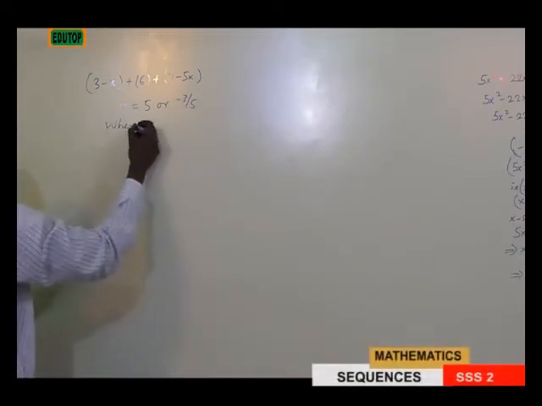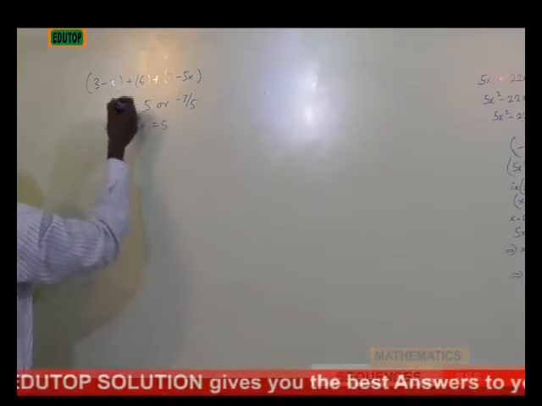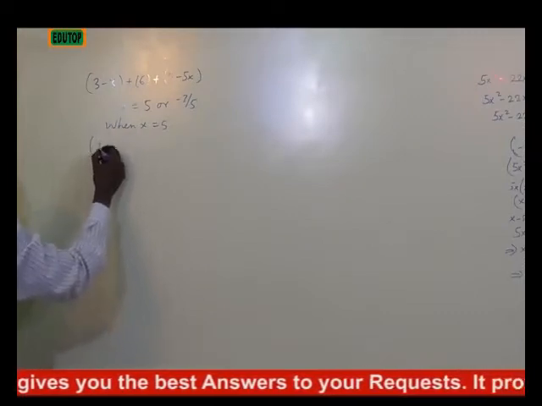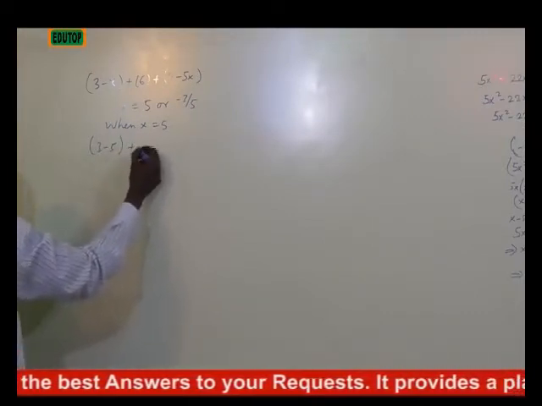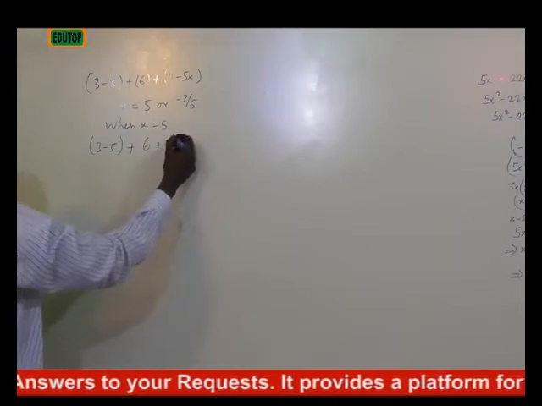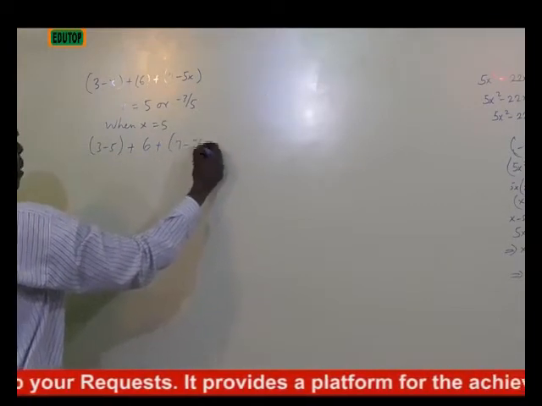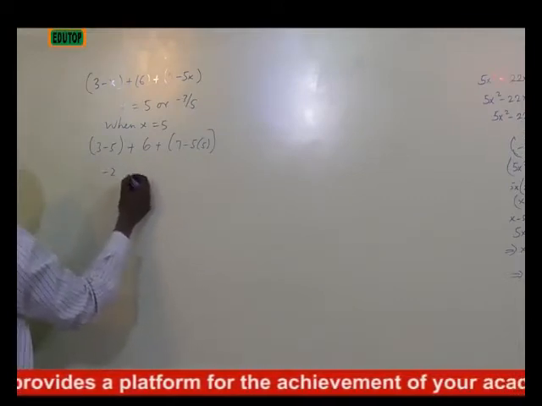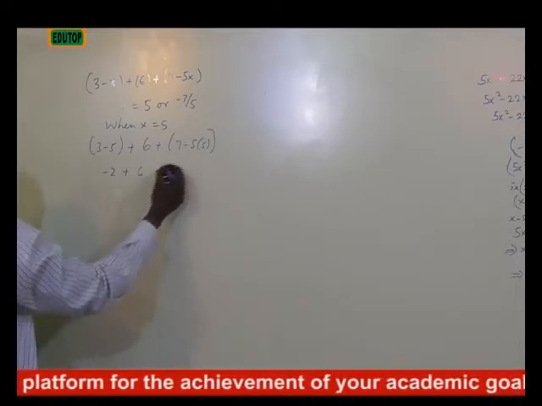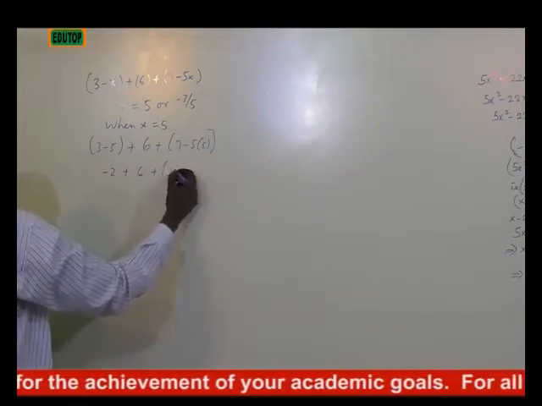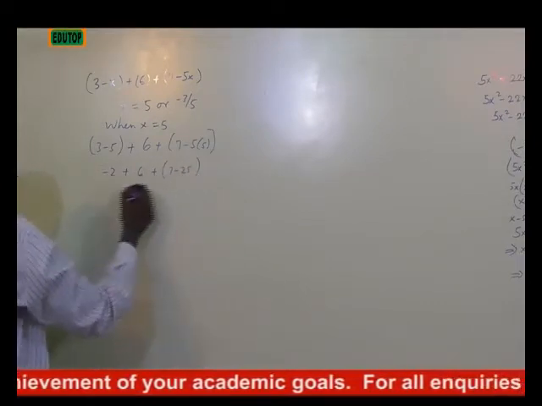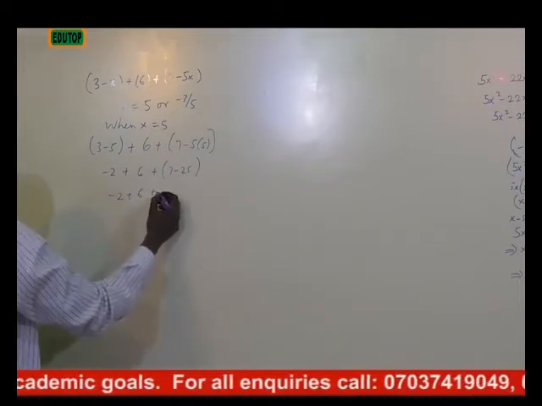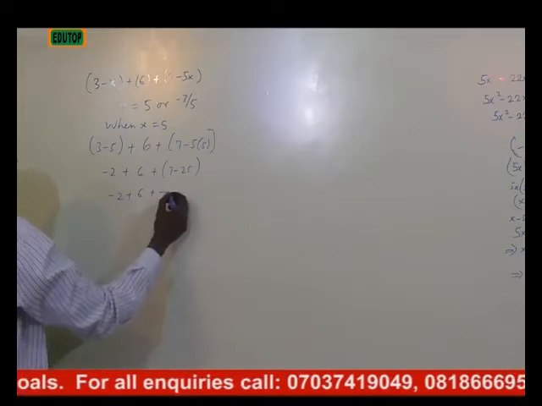When x is 5, then we'll have 3 minus 5 for this case, plus 6, plus 7 minus 5 into 5. This gives minus 2 plus 6, and 7 minus 25 gives minus 18.